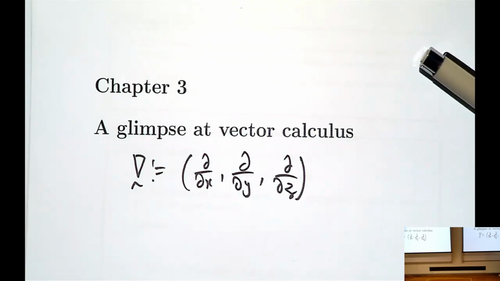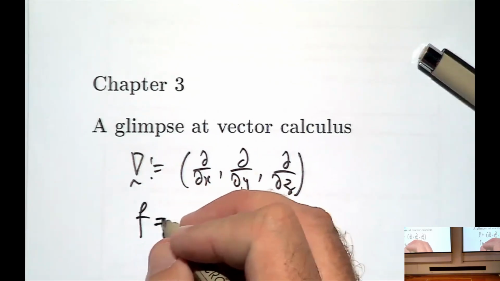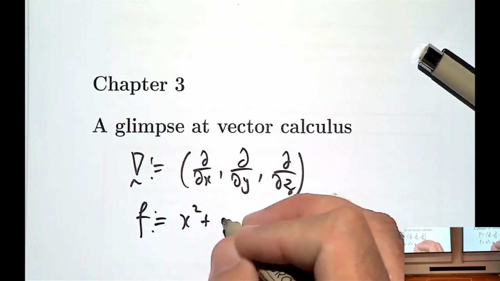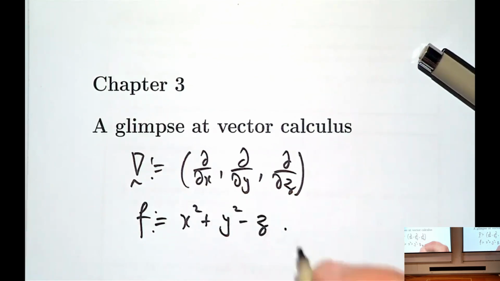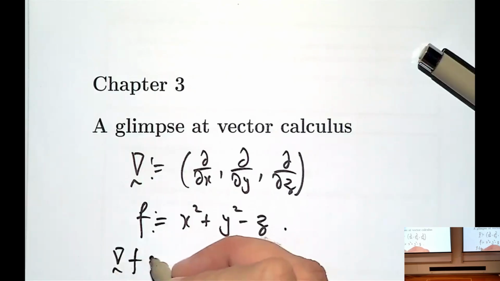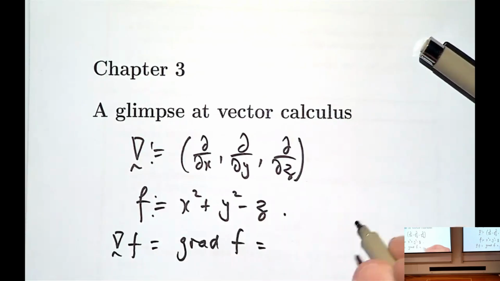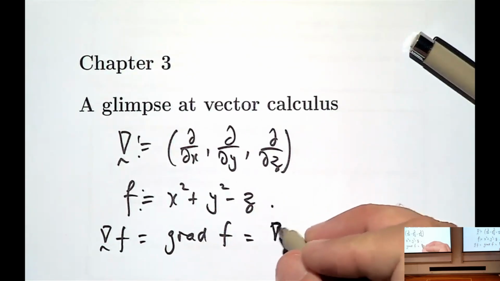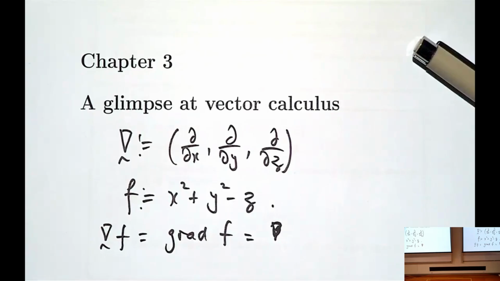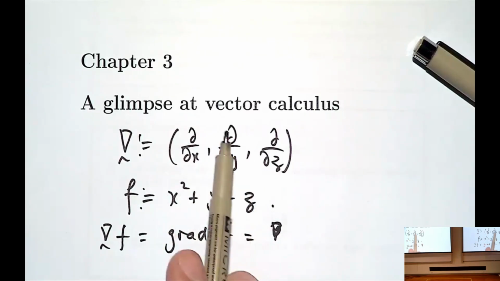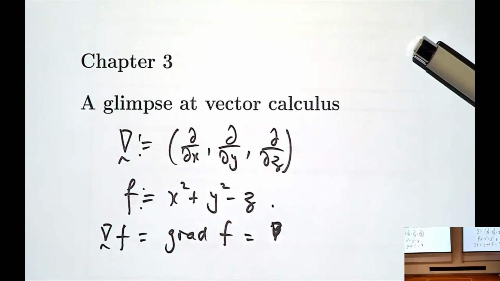So for example, you might have a function of 3 variables, right? And you can talk about the gradient of that f. So you apply the derivative to each part and you form a vector.